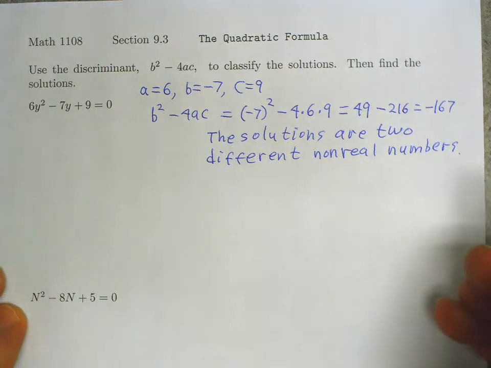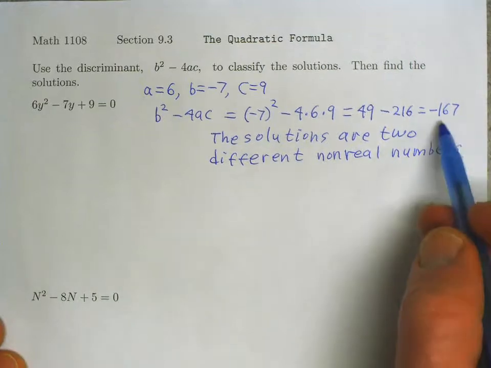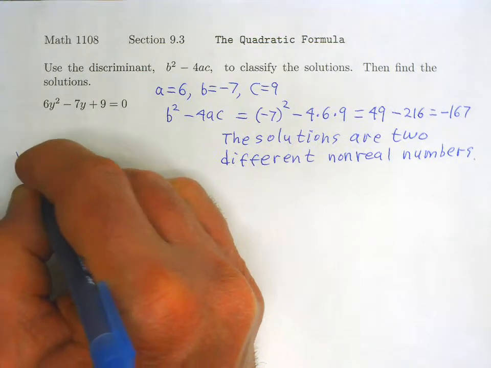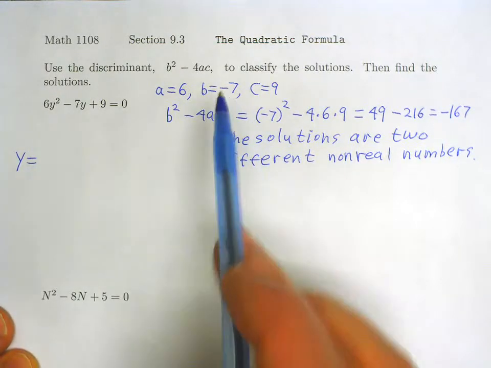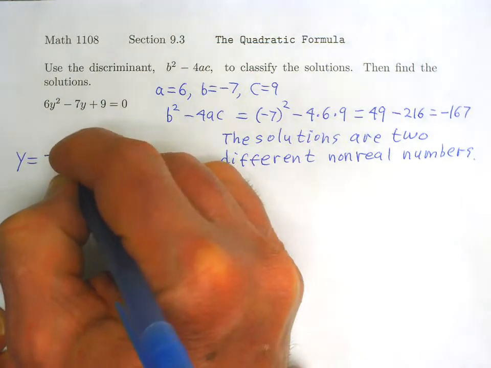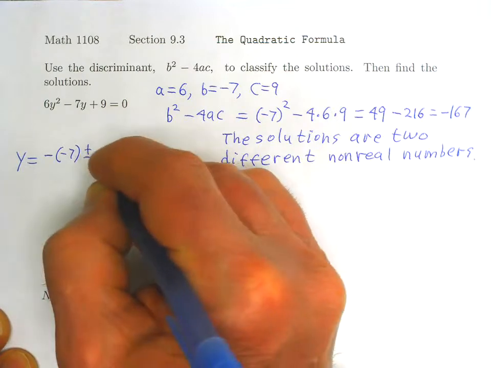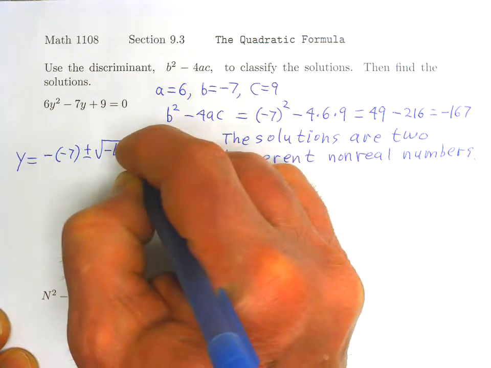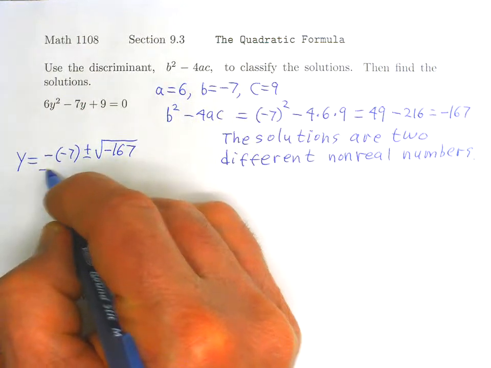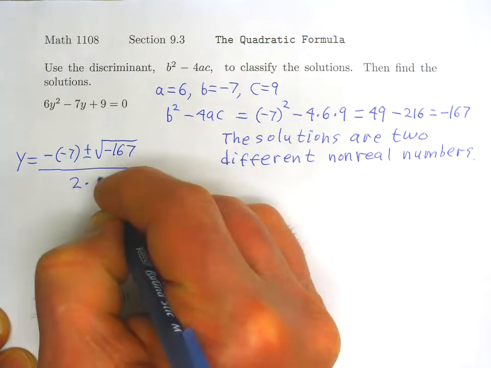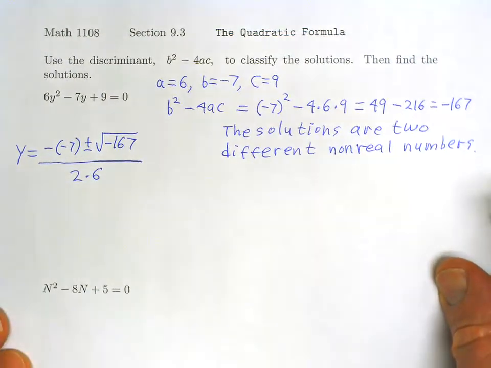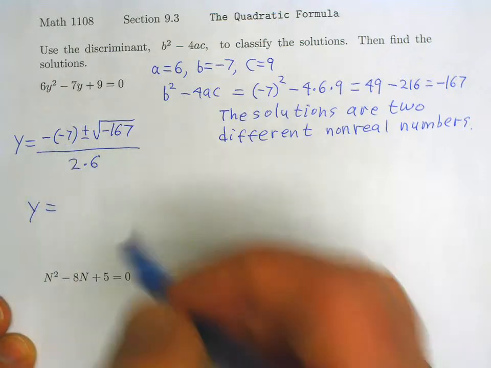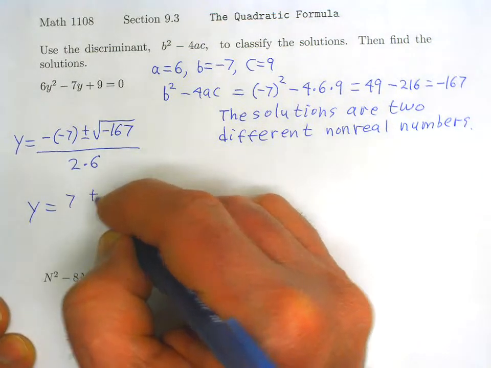Okay, so let's go ahead and find the solutions. We've already found the discriminant, that helps. So use the quadratic formula, y equals the negative of -7 plus and minus the square root of the discriminant. We already computed that, the square root of -167 divided by 2 times 6. And so we get y equals the negative of -7 is 7 plus and minus.